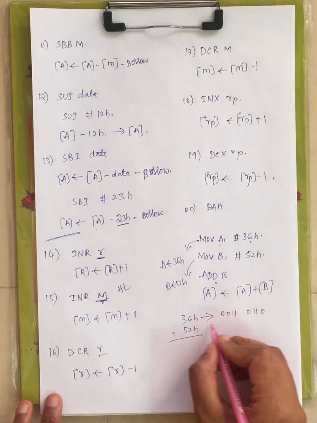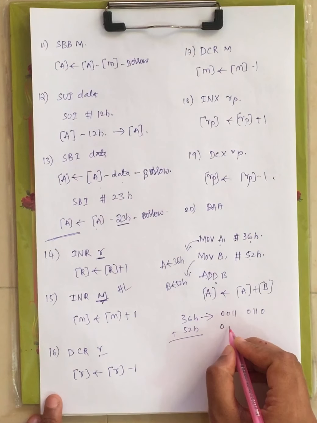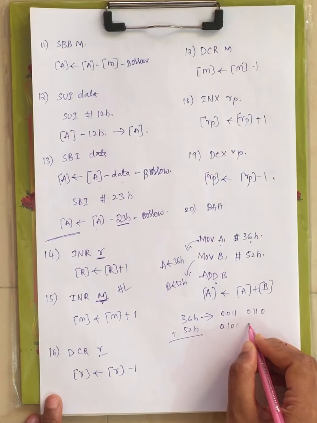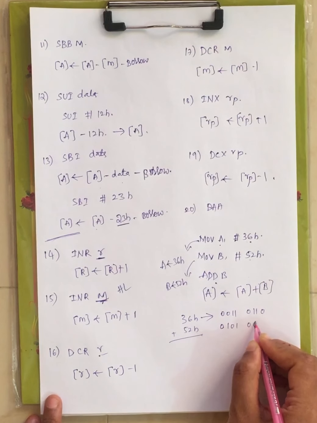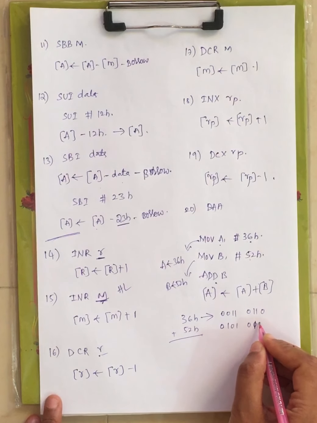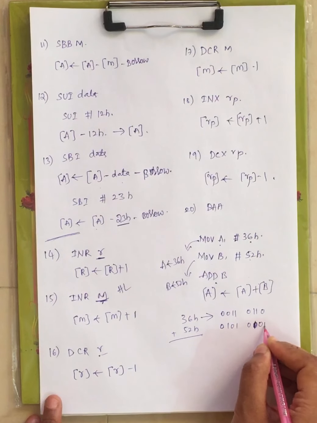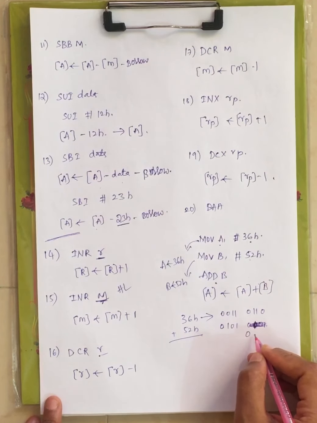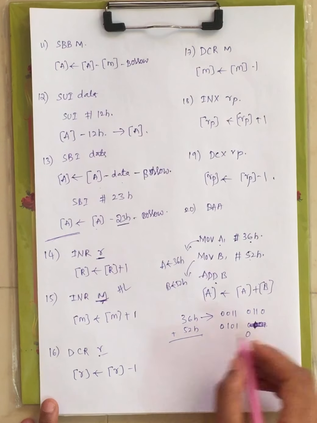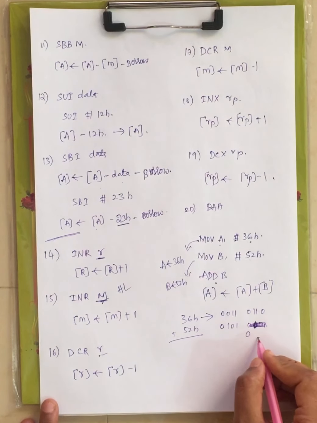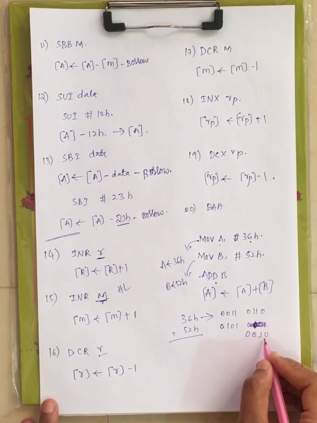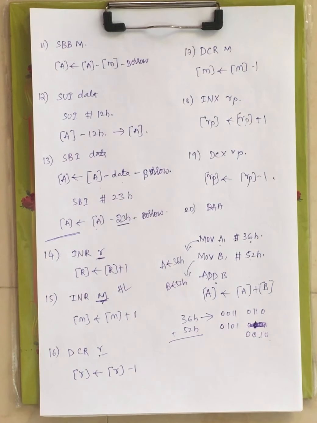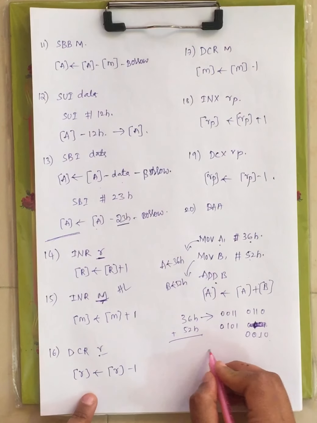Now coming to 52, 5 is 0101 and 2 is 0010. Now we have to add this.